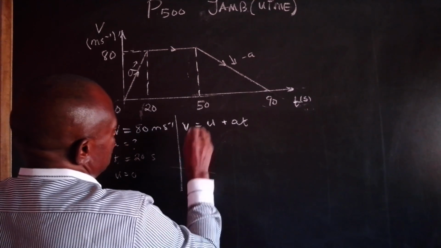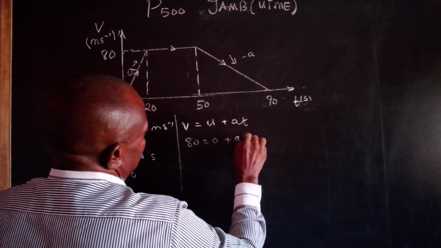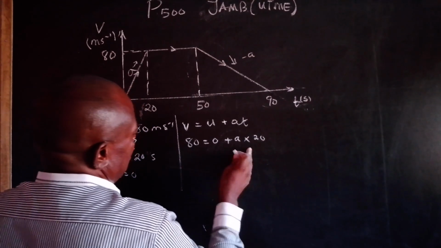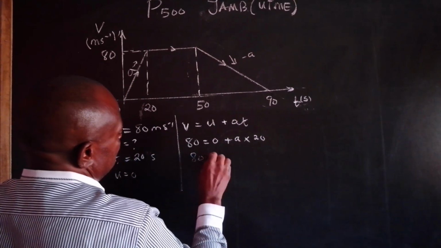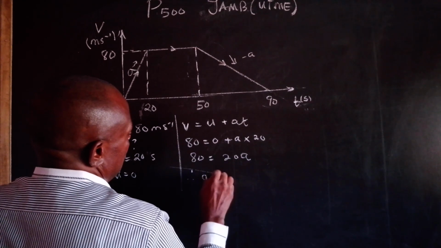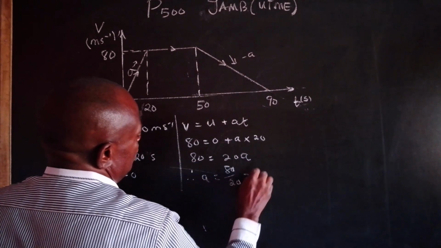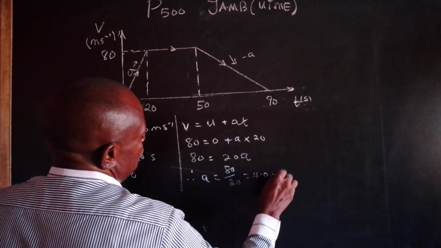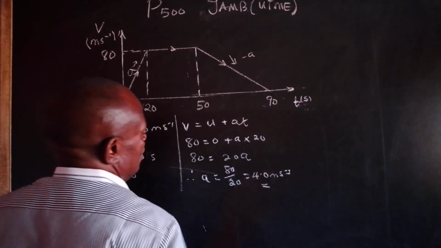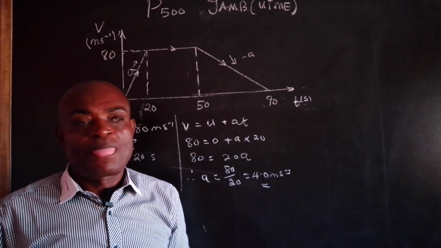V, which is 80 meters per second, equals 0 plus A times 20. So what it means is that we have 80 is equal to 20A. Therefore, A is equal to 80 over 20, which is equal to 4.0 meters per second squared. So that's the value of the acceleration.